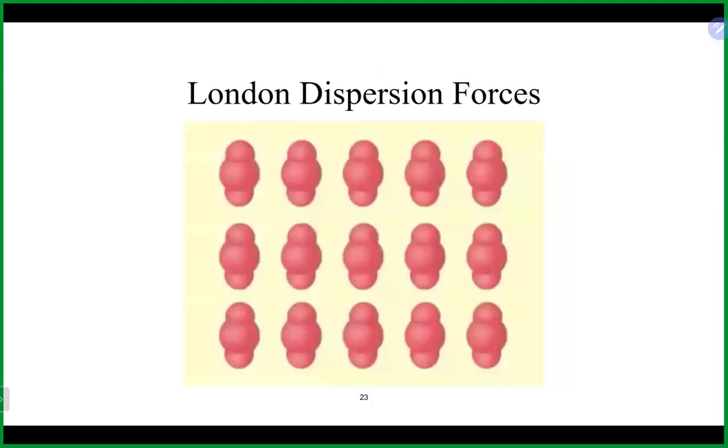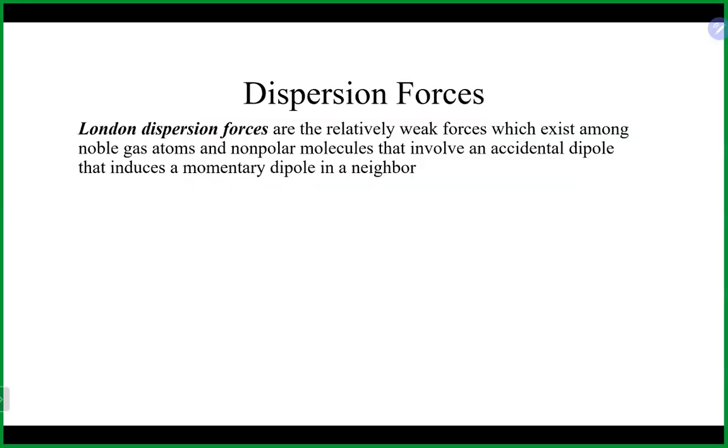The last type of interaction is dispersion forces, sometimes referred to as London dispersion forces. This is pretty much your nonpolar molecules' main route of interacting with themselves and others. So dispersion forces are pretty much the weakest that you could have out of all those.